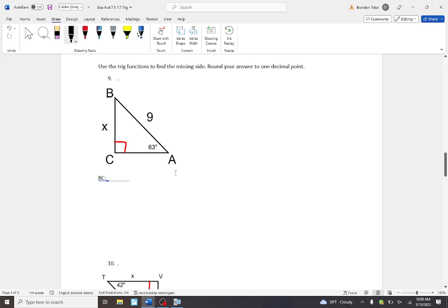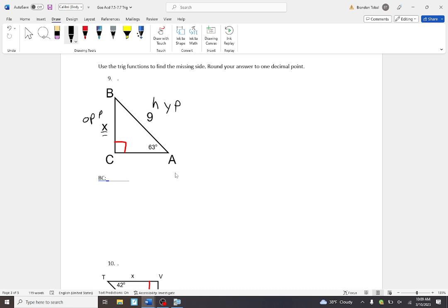All right, this one. Use the trig functions to find the missing side. So I had to set it up with my trig ratio. I know A is 63, so I'm forced to use A in this case. This one, I have to identify as the opposite. And this one, I have to identify as the hypotenuse.